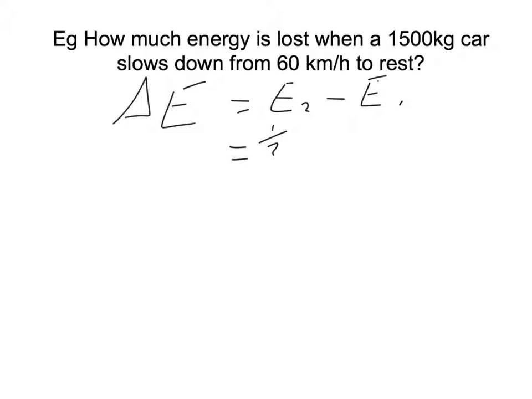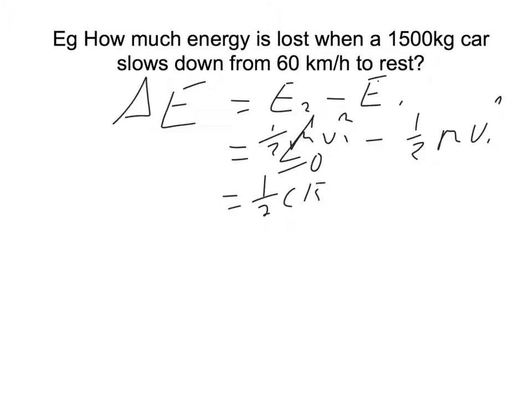So a half m V2 squared, which by the way is going to be 0, minus a half m V1 squared, which is a half of 1500, don't forget the negative, times 16.7 squared, which is 0.5 times 1500 times 16.7 squared.